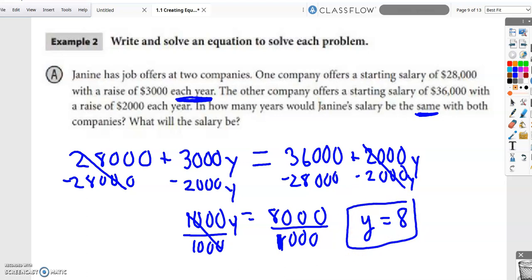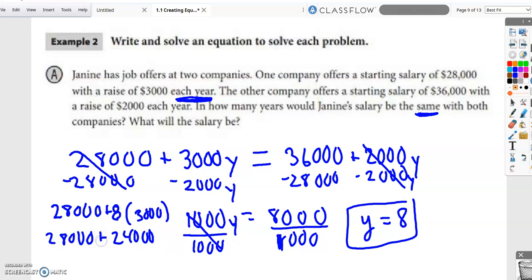Okay, and what will the salary be? All I have to do is substitute it into one of them. So I have 28,000 plus 3,000 times 8. So that's 24,000. This is 28,000. So you add that together, you get 52,000.